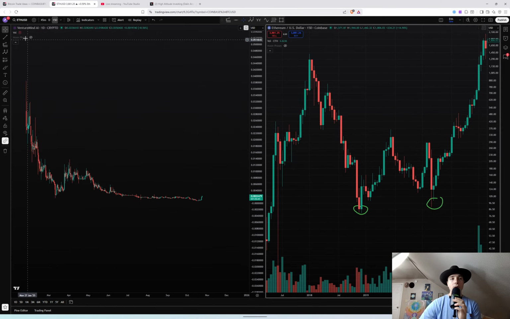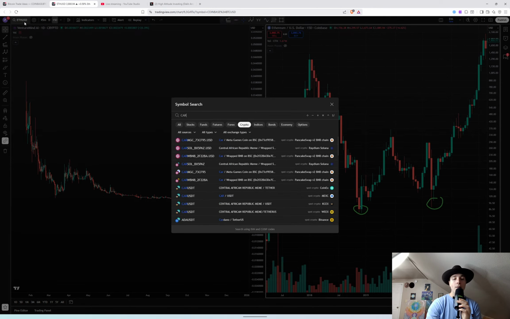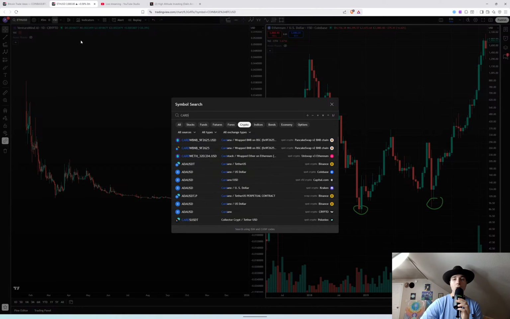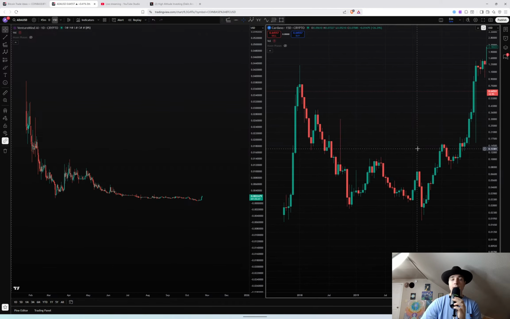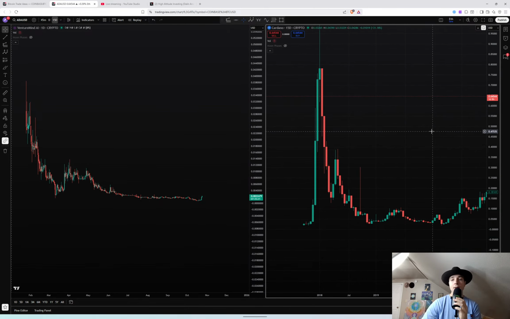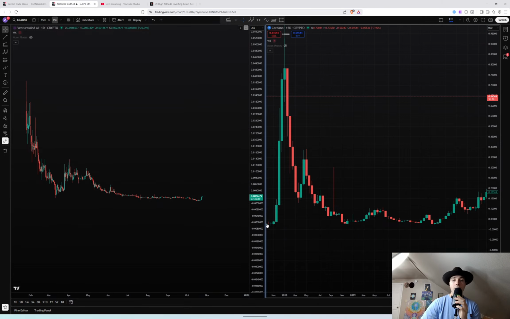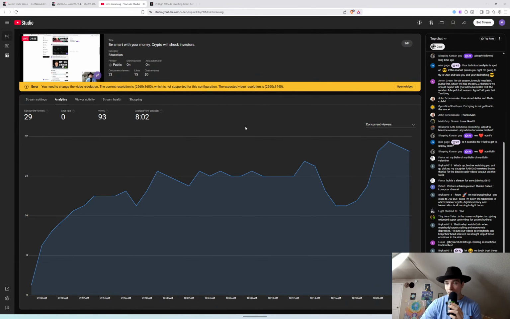The reason I'm showing you this is because a lot of altcoins did the Cardano fractal where they made one more slightly lower low, instead of the Ethereum fractal.